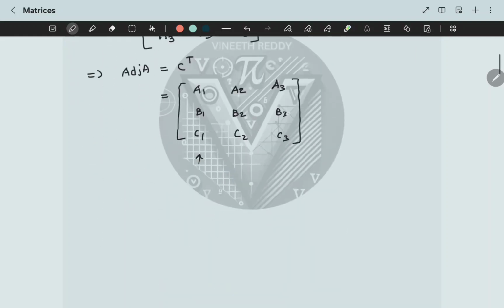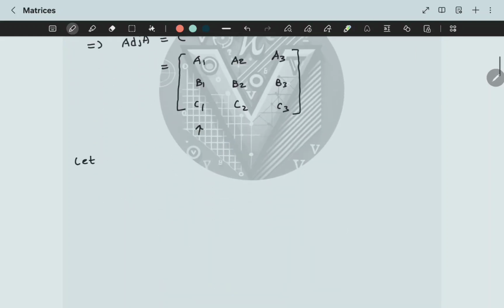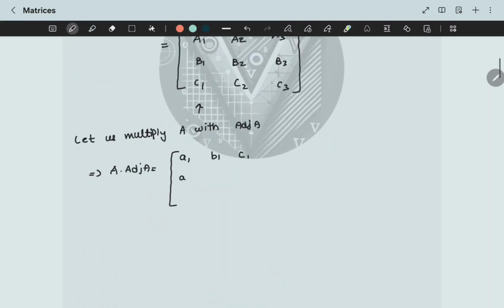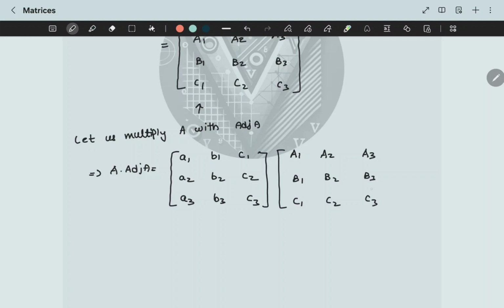We will multiply A with adjoint A. So A multiplied with adjoint A will be, A is A1, B1, C1, A2, B2, C2, A3, B3, C3, and then adjoint A is A1, B1, C1, A2, B2, C2, A3, B3, C3, right?